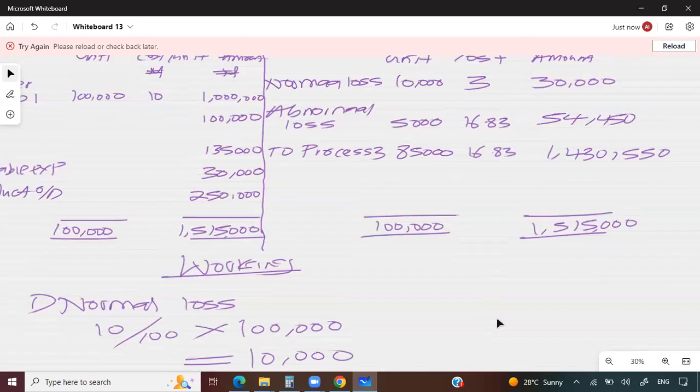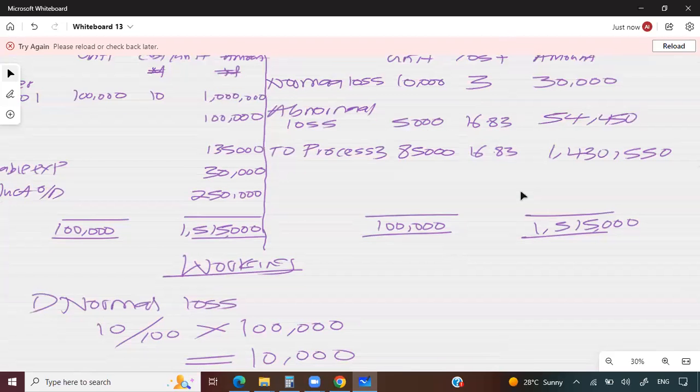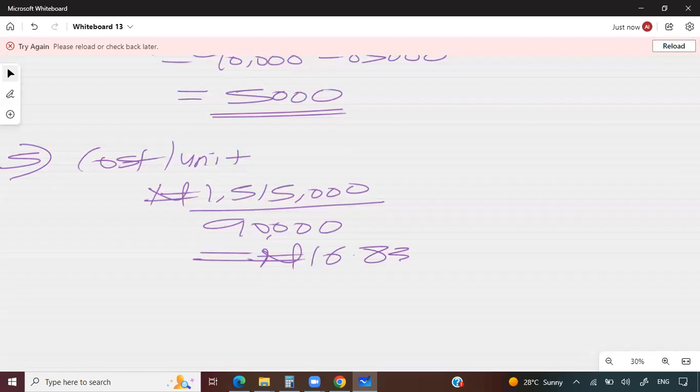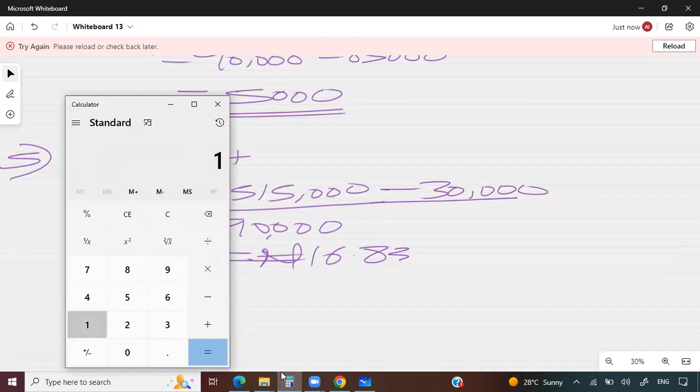So this minus that 30,000 is the total expenses, but you also realize 30,000 naira. The net expenses that we are going to use will be 1,005,000 minus 30,000, then divided by 90,000.